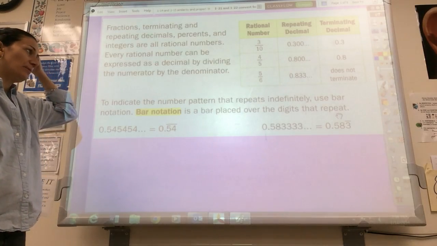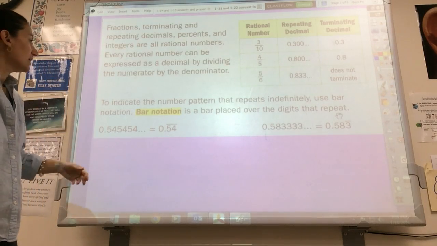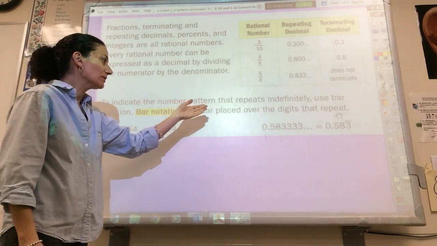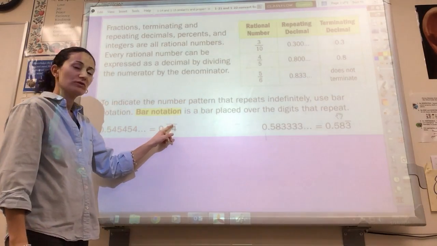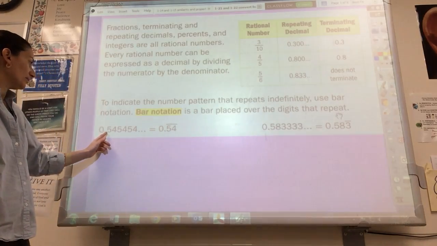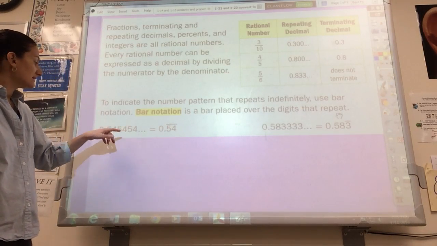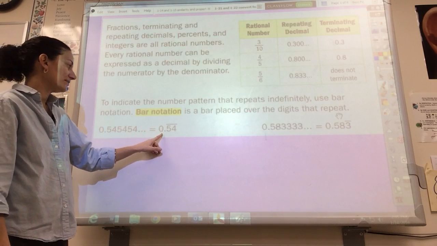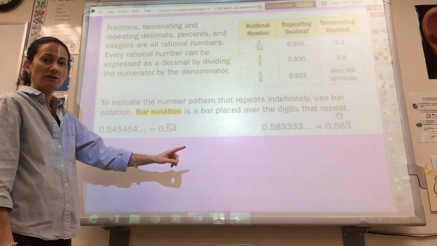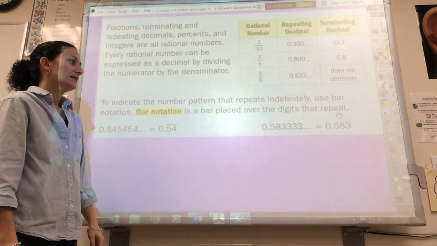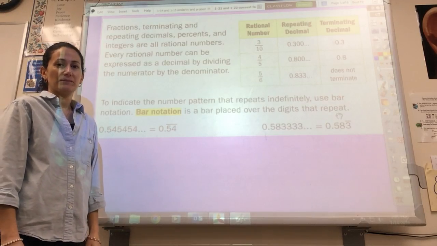To indicate the number pattern that repeats indefinitely, you can use bar notation. Bar notation is a simple little bar placed over the digits that repeat. If you take a look at this decimal, 0.545454, since the 5 and the 4 keep repeating, you can just simply write 0.54 one time and then put a bar over the 5 and the 4, since those are the numbers that repeat.